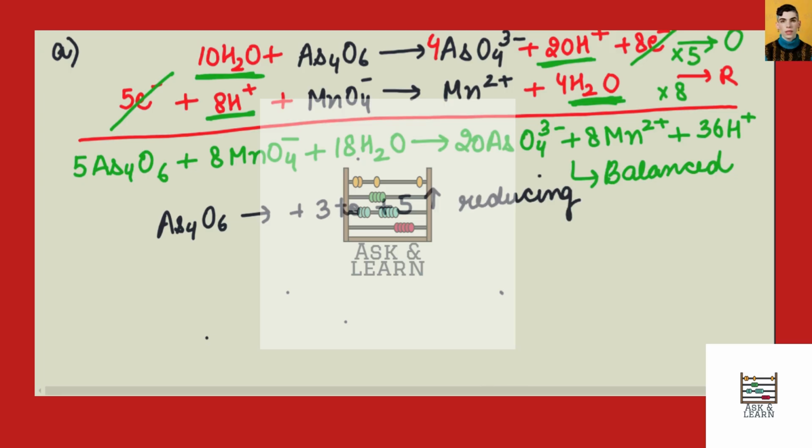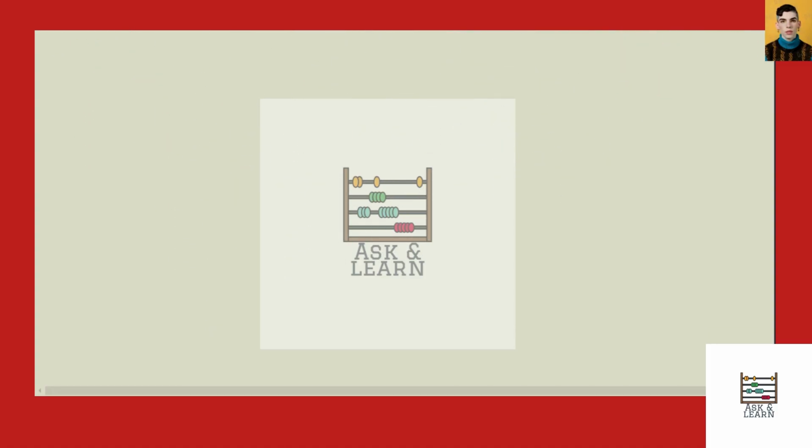It's oxidized itself and reducing others, whereas MnO4 negative goes from +7 to +2, and therefore it's decreasing. So this is our oxidizing agent, because it's oxidizing others and itself getting reduced. So this is our part A.